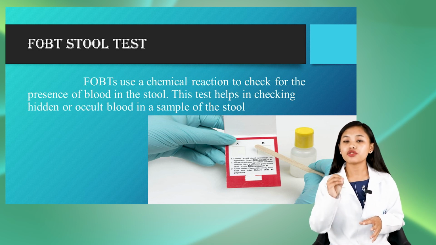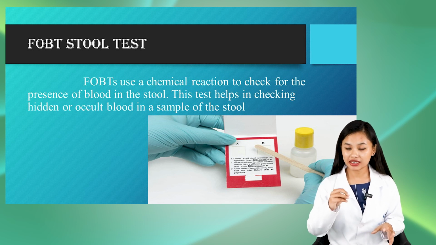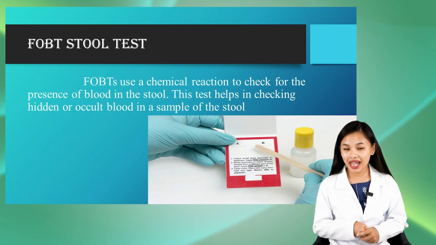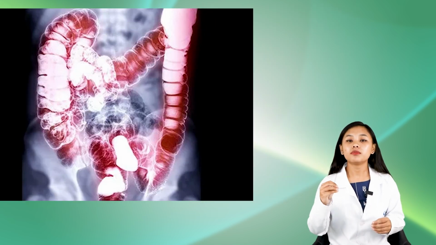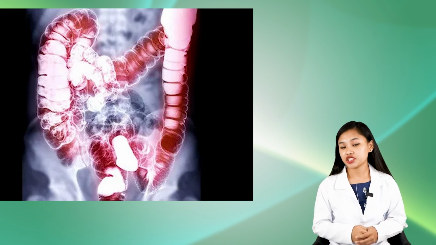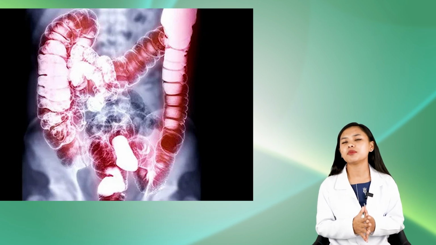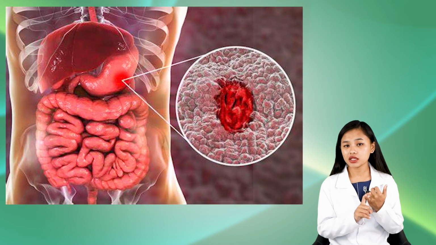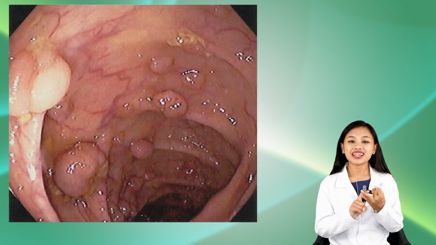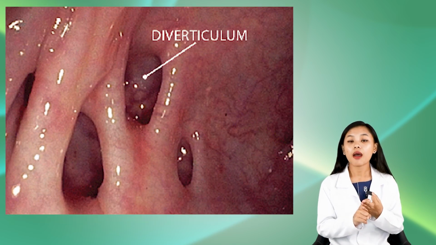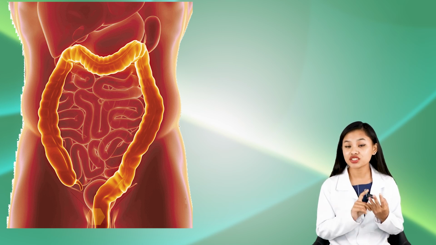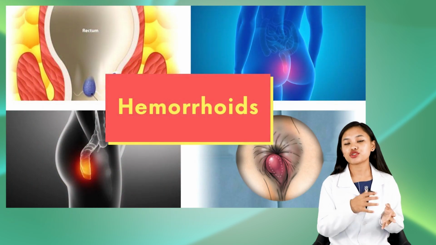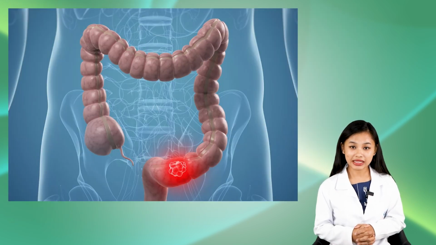Just the presence of blood in the stool can give us an idea that there may be bleeding in the digestive tract, which can be because of various conditions like ulcer, polyps, diverticulosis, colitis, hemorrhoids, or even colorectal cancer.